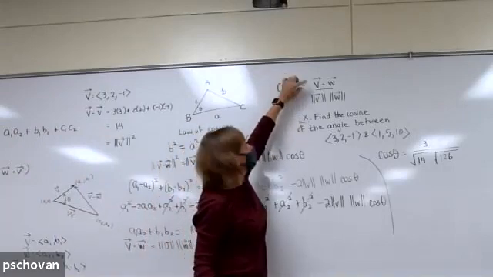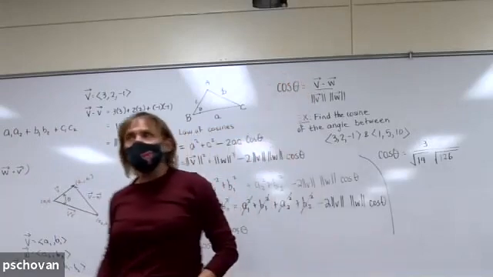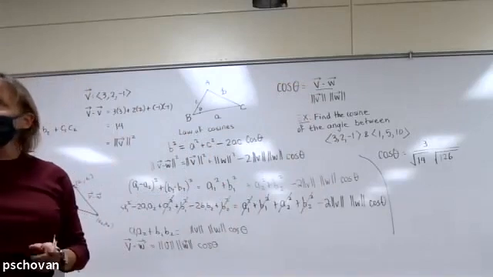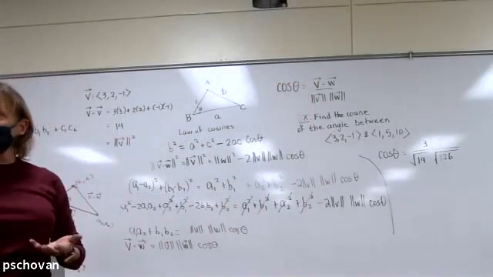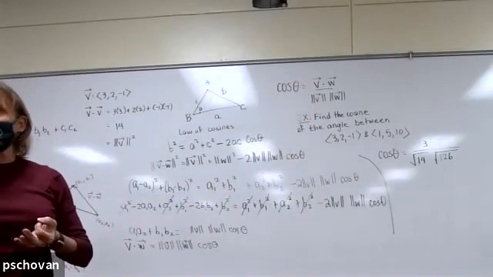The number over here is 0 if the dot product is 0. So that's another use of the dot product. 2 vectors V and W are orthogonal or perpendicular if and only if V dot W is 0.